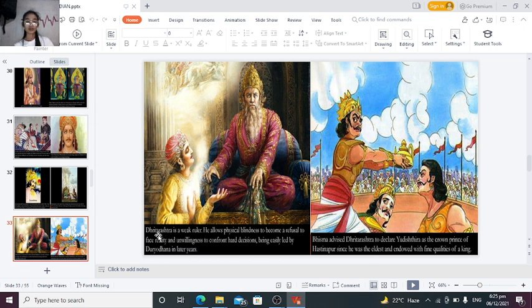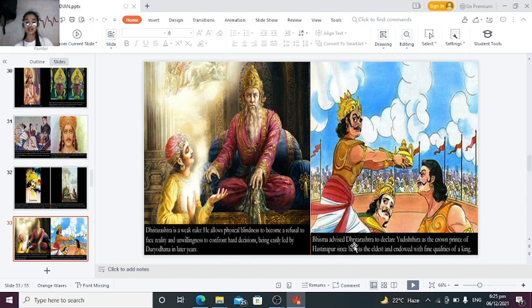So as the story goes, Dhritarashtra is a weak ruler. He allows physical blindness to become a refusal to face reality and unwillingness to confront hard decisions, being easily led by Duryodhana in later years.